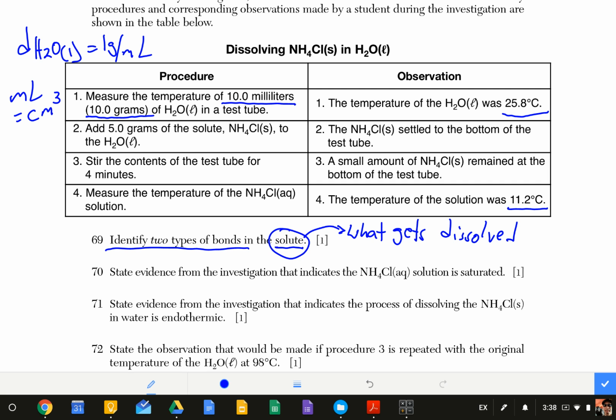So if you're making hot chocolate, the hot chocolate powder mix, that's the solute. If you're making soup, you put table salt, sodium chloride in the water, that's the solute. So whatever is getting dissolved is the solute. So the solute in this case is NH4Cl solid, which is ammonium chloride solid. They want us to identify 2 types of chemical bonds in the solute.